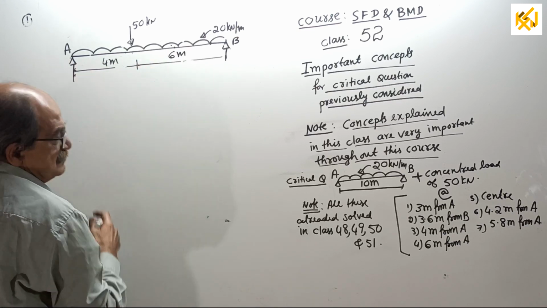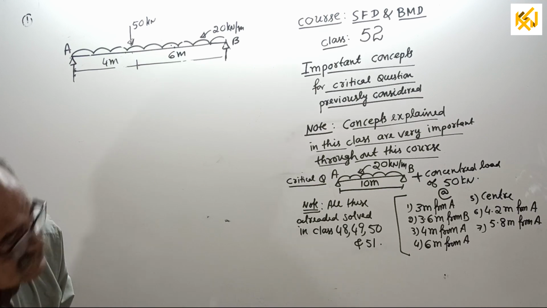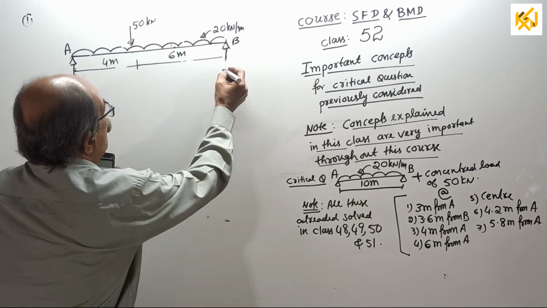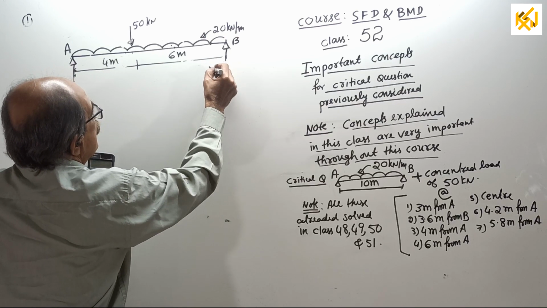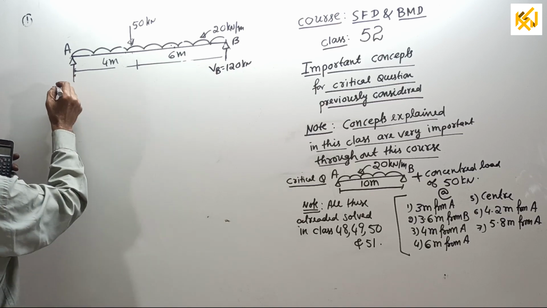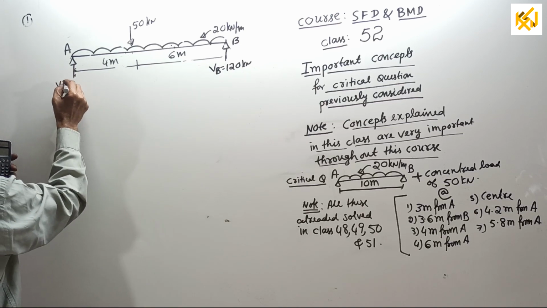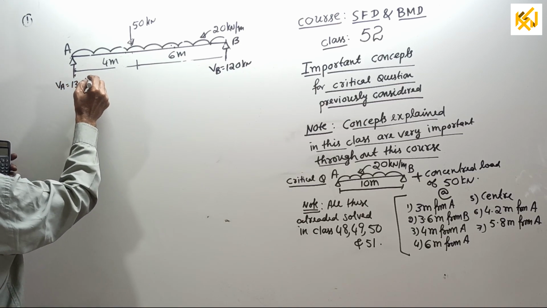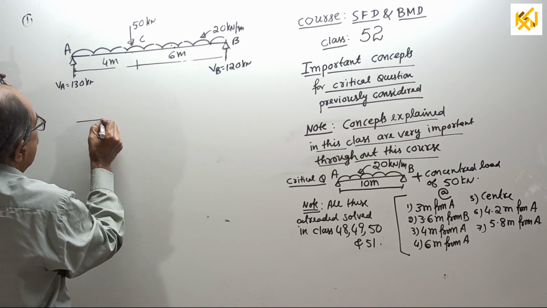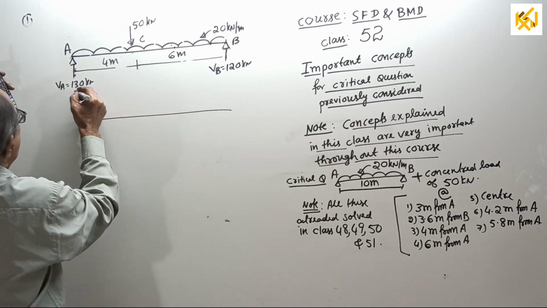Okay. Reaction. 120 kilonewton, VA. 130 kilonewton, because the total is 250. This is the point C now. Shear force diagram. 130.